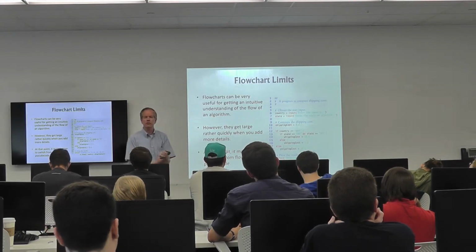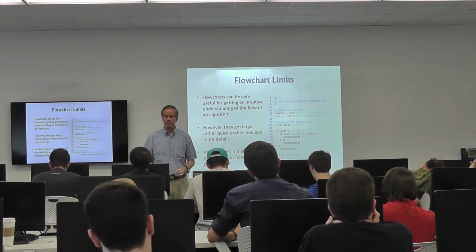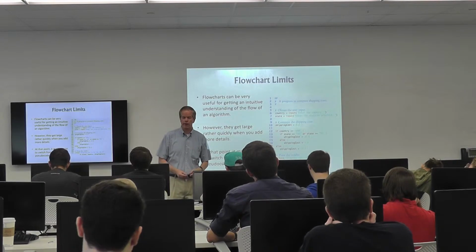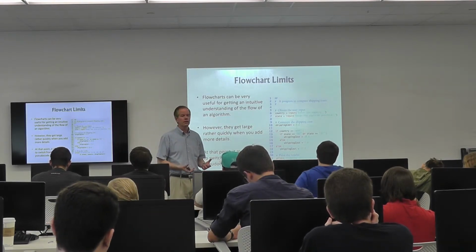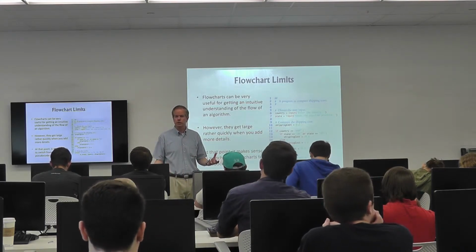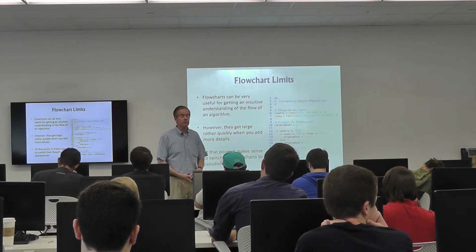Flowcharts have their limits. It's interesting because the very first job I had out of college was with Boeing Aircraft Corporation, and they were making the F-18 fighter jets. Now this was a while ago, but the way they documented their assembly language code was using flowcharts. So they had flowcharts that told you how all the code worked. And they're beautiful flowcharts.